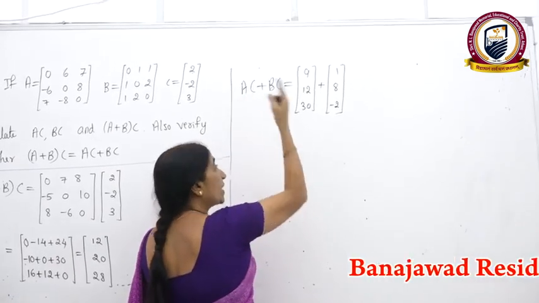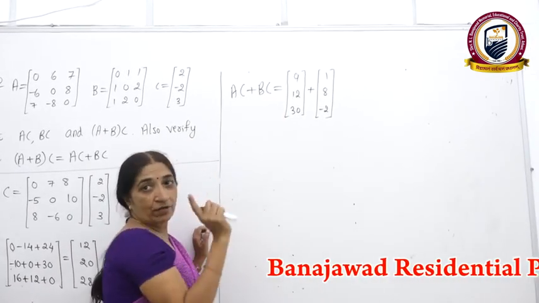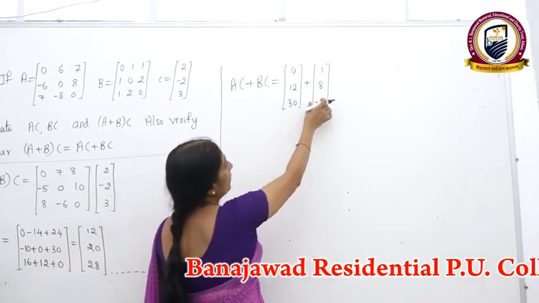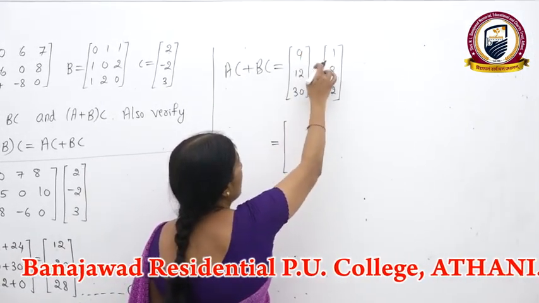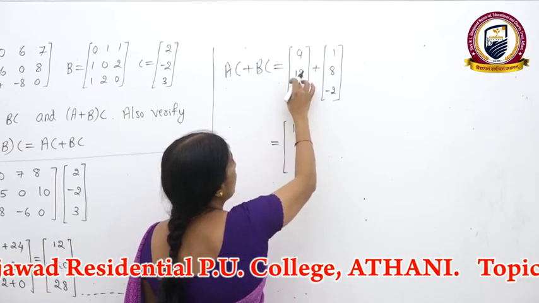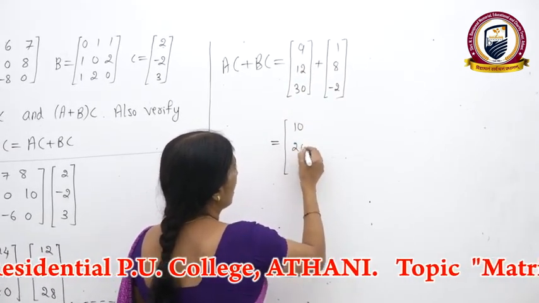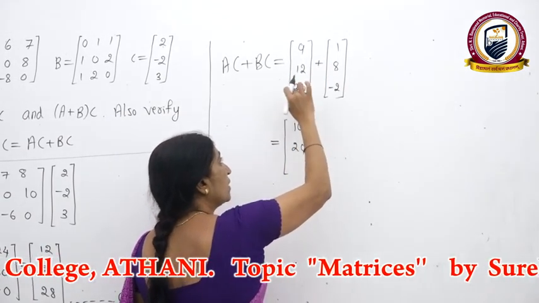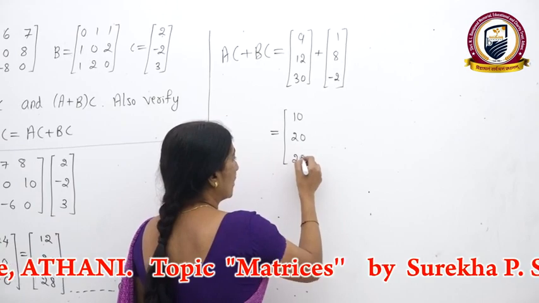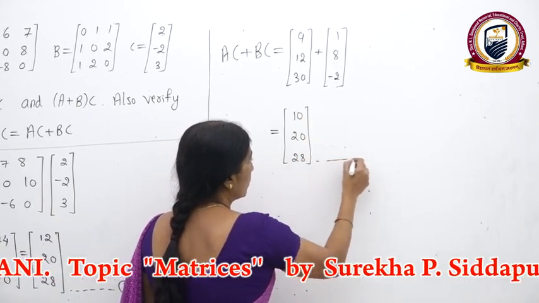Here AC we already calculated and BC also we already calculated. I wrote those two matrices and we have to add the corresponding elements. 9 plus 1, 10, 12 plus 8, 20, and 30 minus 2, 28. See, this is equation 2.